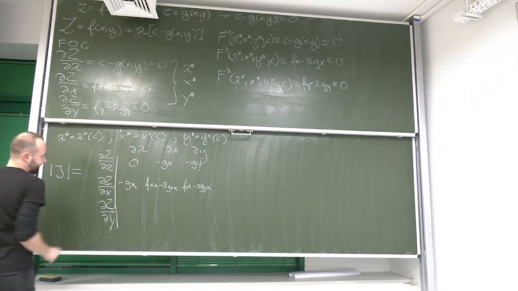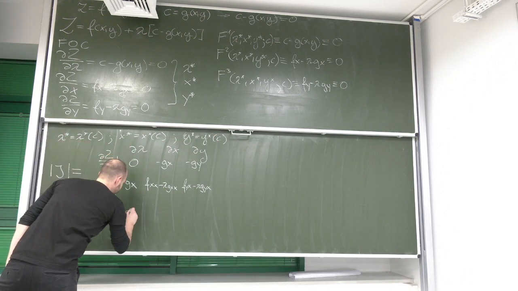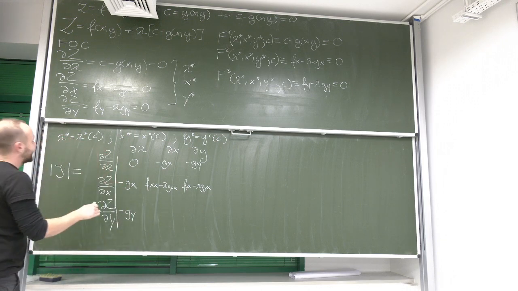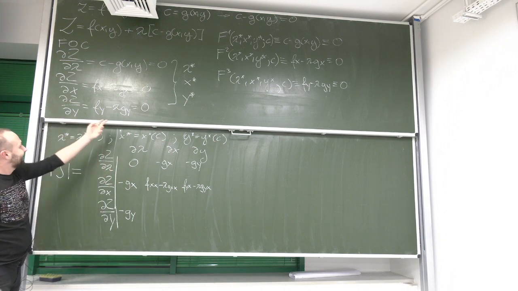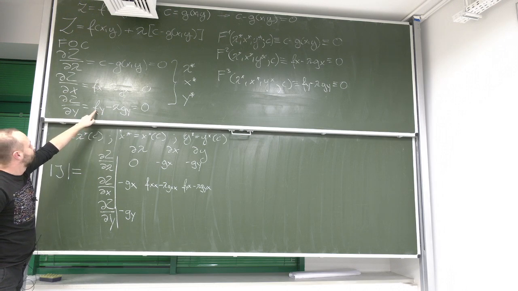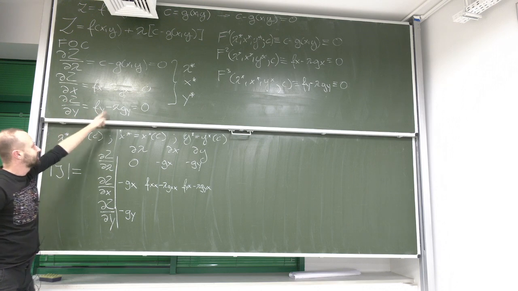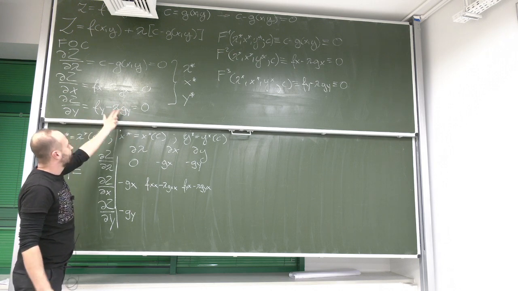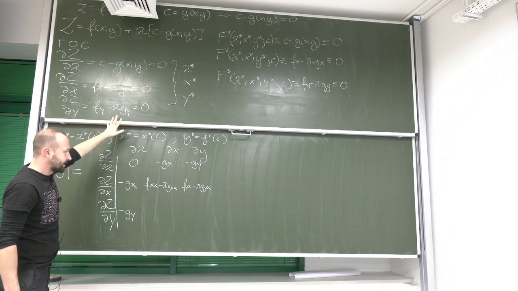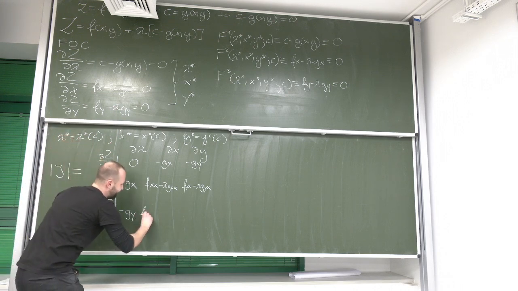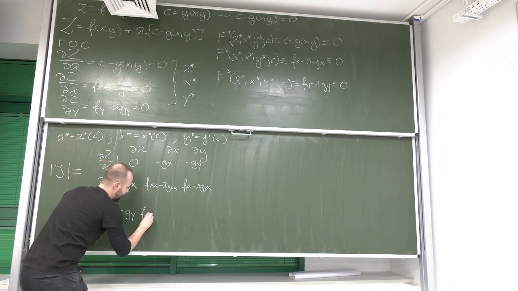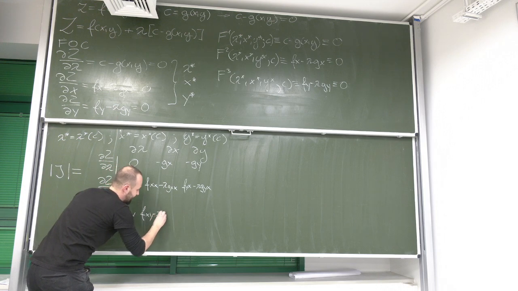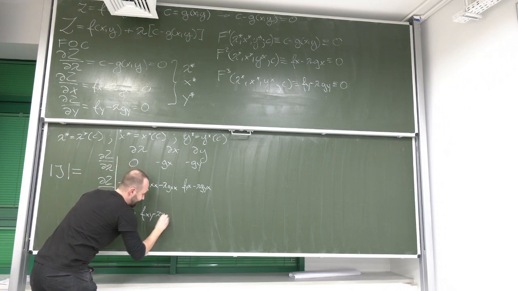We differentiate it first with respect to lambda, then with respect to x, and we get the derivative of function g with respect to y, now differentiated with respect to x, so we should get fxy minus lambda gxy.